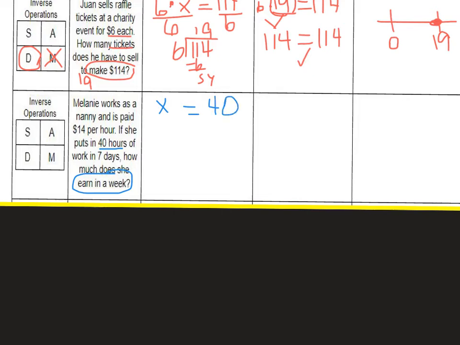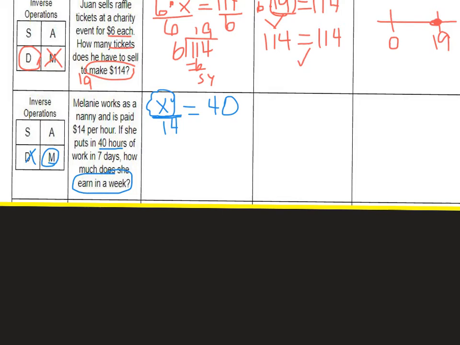So that means I would take the amount of money she earned working 40 hours and divide it by 14. So some number divided by 14 is going to equal 40. Here you see that my equation includes division, so I'm going to do the inverse of division.